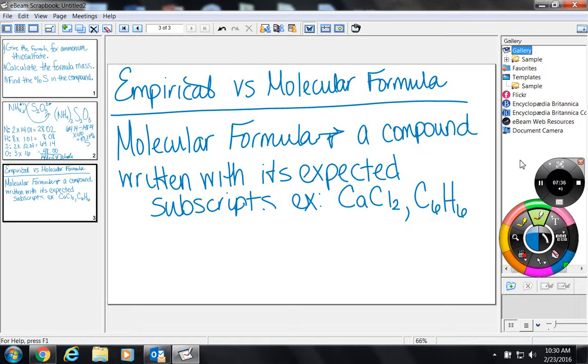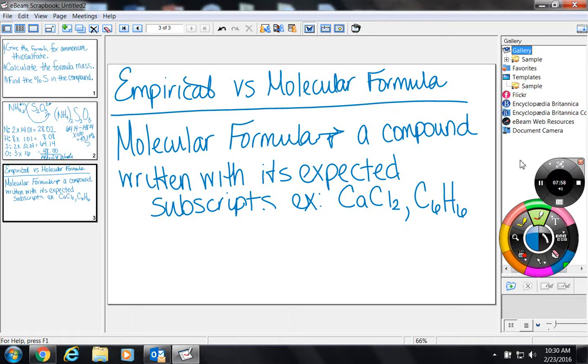So, can it exist like in any other way? A molecular formula is just a compound. Molecular formula just means a compound, how a compound exists. Okay? So, what you got? So can it be a molecular formula without any substance? It could be.